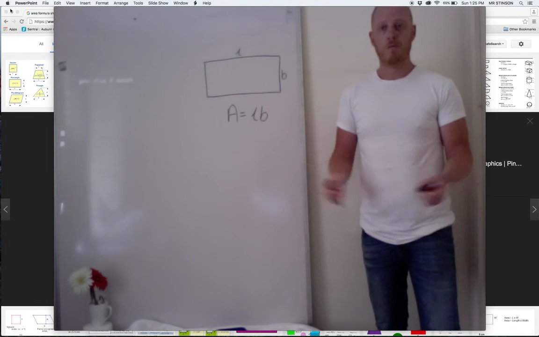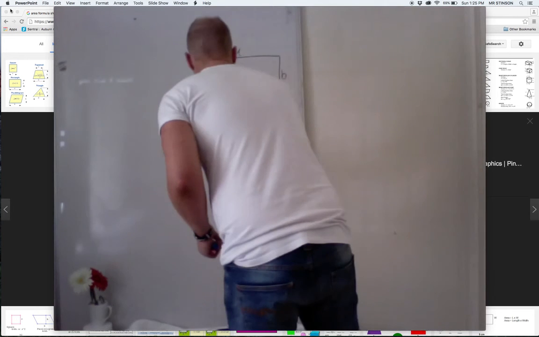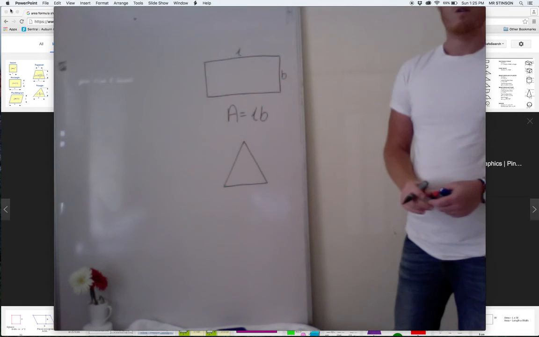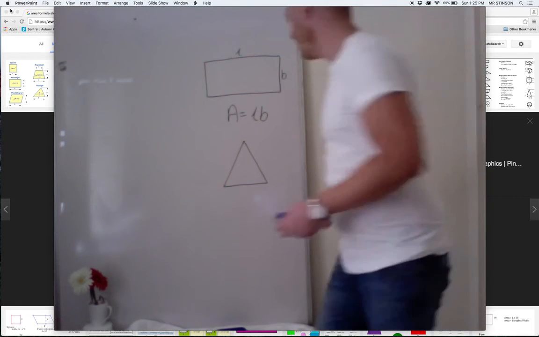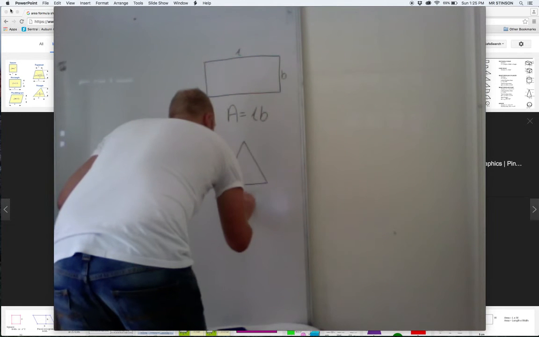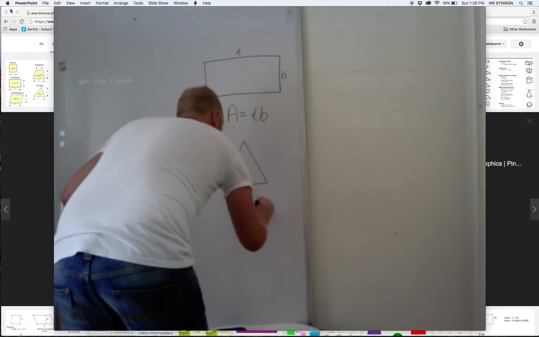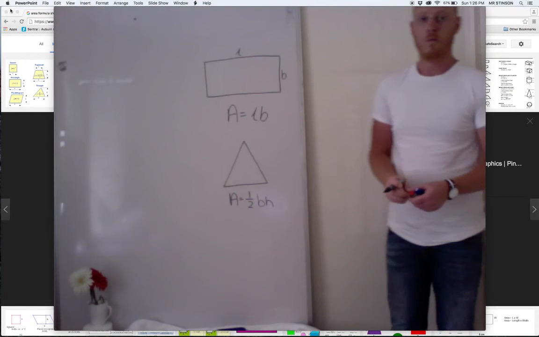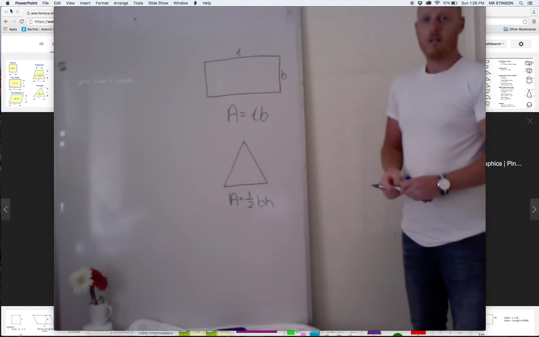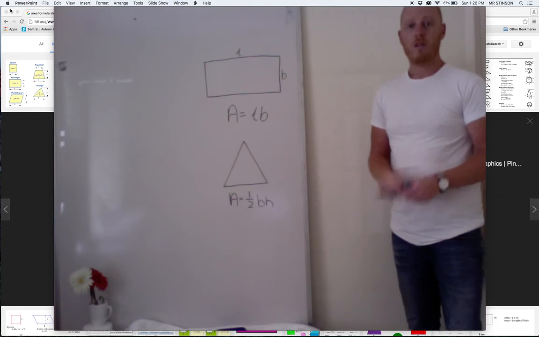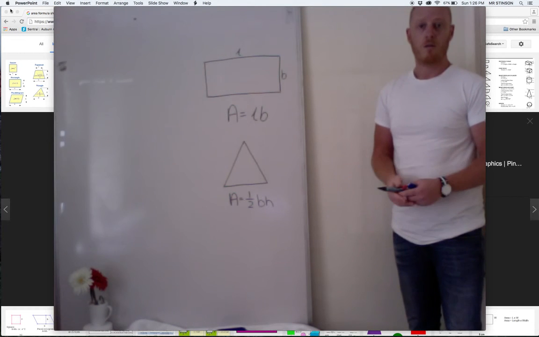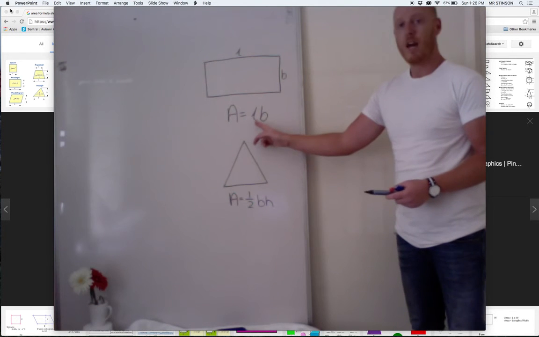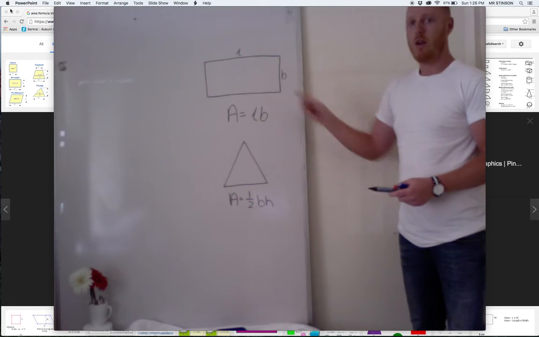Let's look at a different shape. The triangle. I'm going to write the formula underneath, which is area equals half base times height. Half BH. This is a good way to see that the area formulas are different because we're dealing with different shapes. But also, the values are different. Here we have L and B, length and breadth.